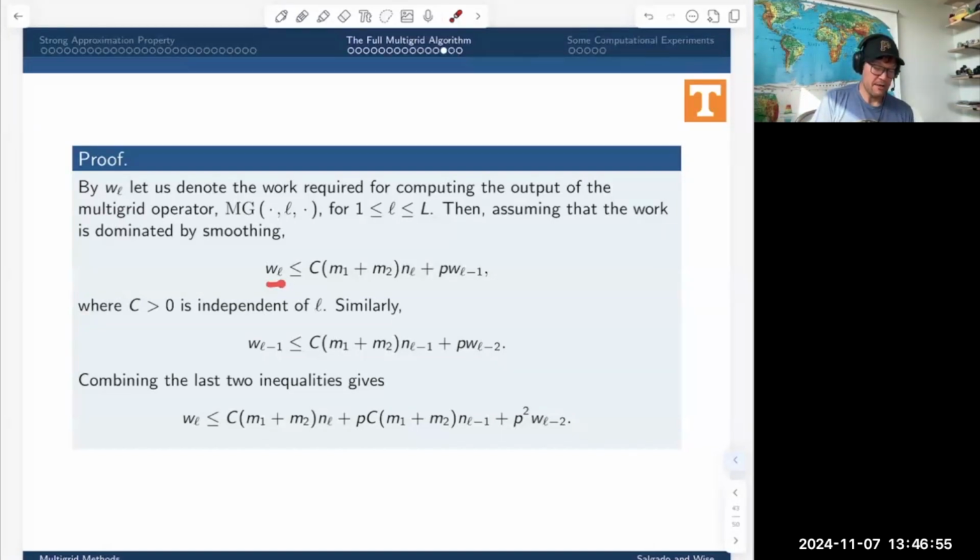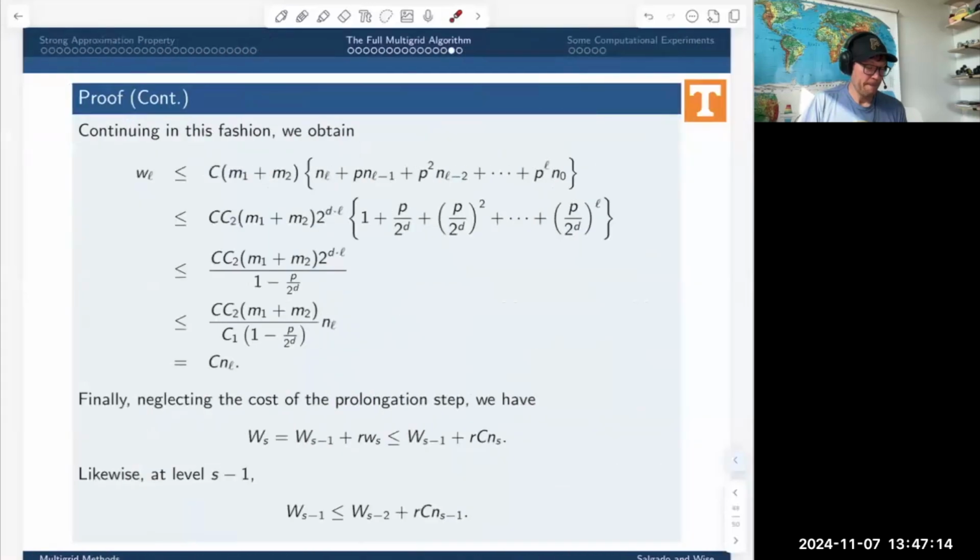The way we're going to do that is use this estimate and then push this term into there. When we do that, we multiply p times everything. So p times that term, and then we get a p squared multiplying this term here. Okay, so that is the cost of doing 2 levels. And of course, we can continue in this fashion.